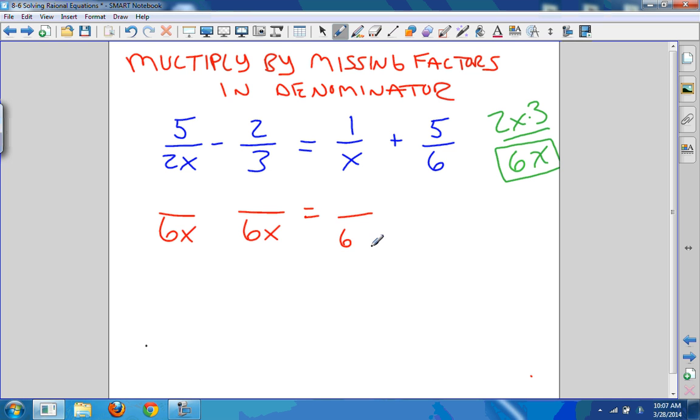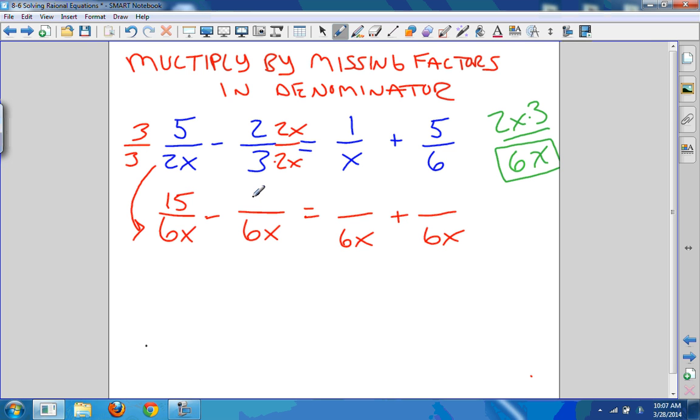equals 6x plus 6x. So we're going to change all these denominators to 6x. So to do that, 2x to change to 6x, we need to multiply it by 3, right? So we can multiply this fraction by 3 over 3, and we'll get a 15 on top. To get this 3 to change to 6x, we need to multiply it by 2x.